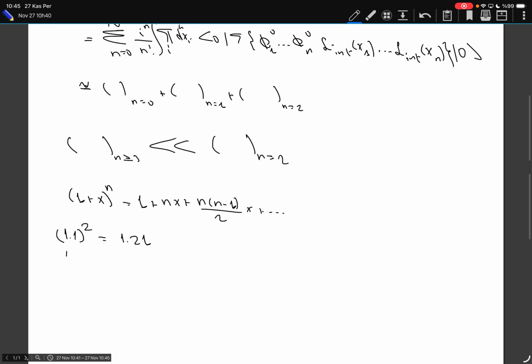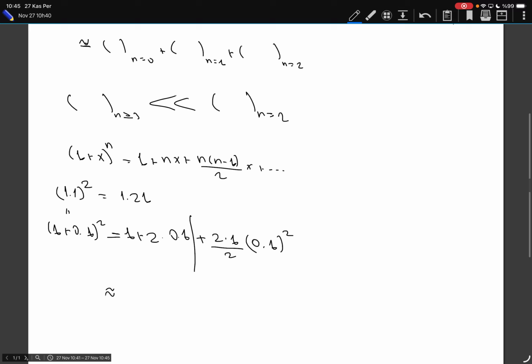Well, let's write that as (1 plus 0.1) squared, which will be 1 plus 2 times 0.1 plus 2 times 1 over 2 times 0.1 squared. Well, this is not an infinite expansion, but you see already if you cut it here and calculate the first correction, what you get is 1.2, which is not bad.